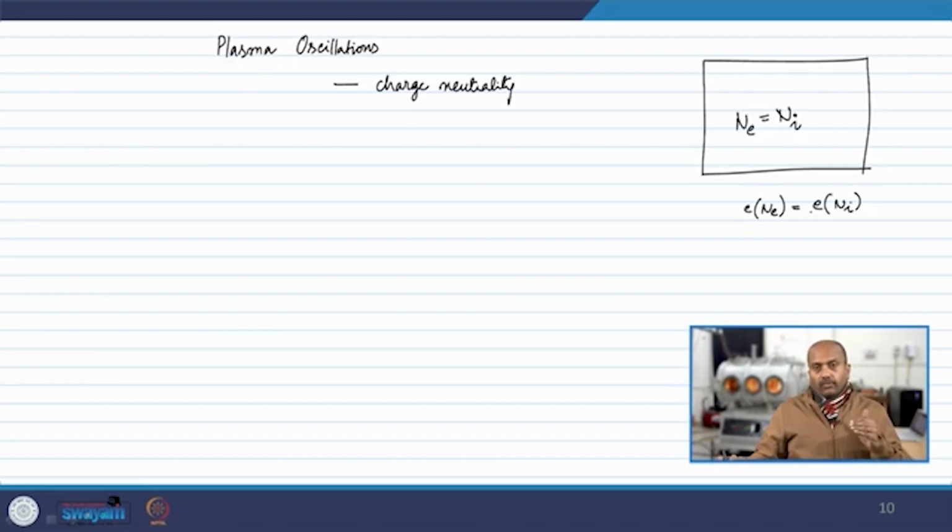When the electric field acts on them and tries to bring them back, oscillations result because of the inertia of the electrons. They will not be able to come immediately and occupy their initial positions. They will always overshoot the initial positions, and as a result oscillations will develop. In the absence of any damping, these oscillations can continue for a very long time, and these are called plasma oscillations.